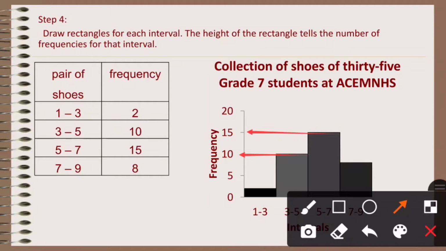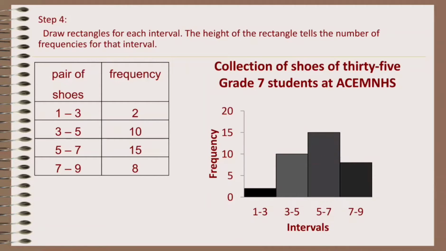The height must be that. And 7 to 9 is in 8, malapit sa 10. Okay, anyways, we use a ruler to have a clear representation of histogram, bar graph, line graph.